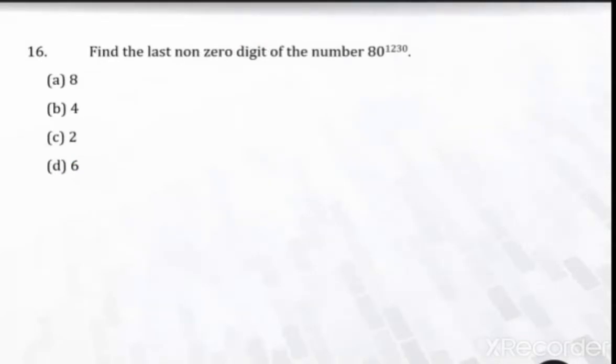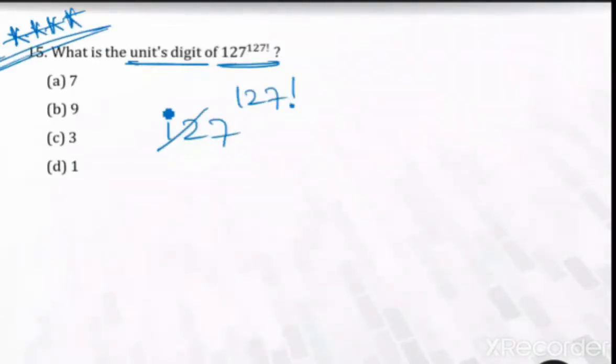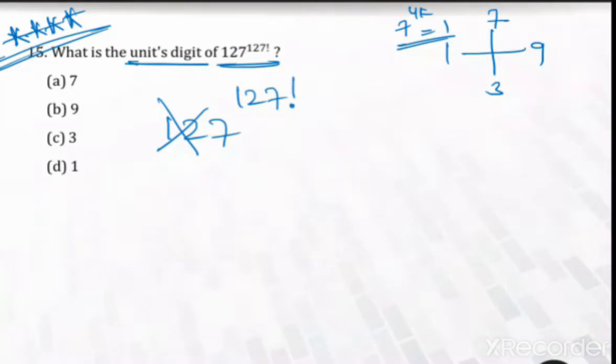127 power 127 factorial. What will be the last two digits?